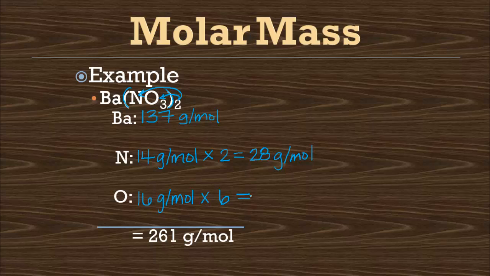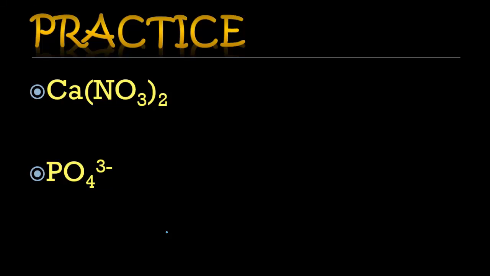So 16 times 6 is 96 grams per mole. And now all I need to do is take these 3 and add them up. So you plug them all into your calculator. And we get 261 grams per mole.